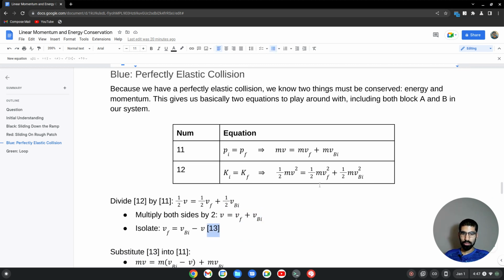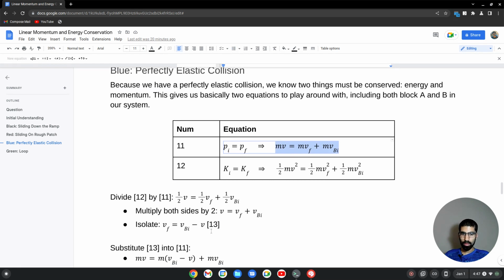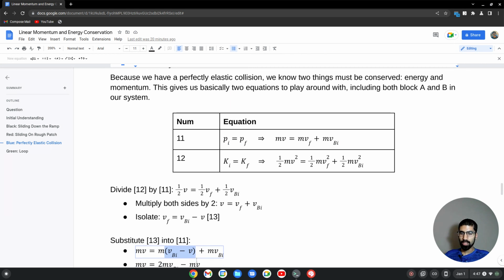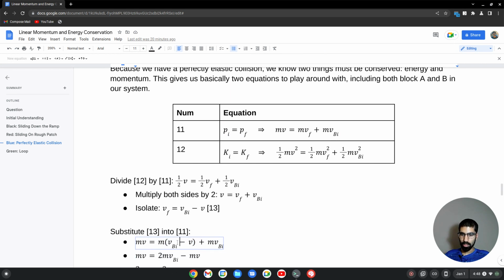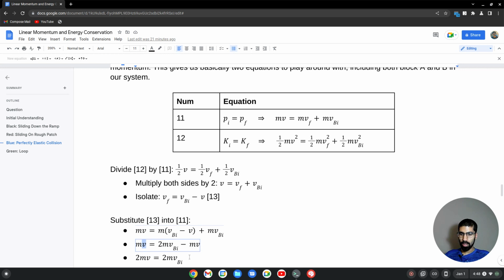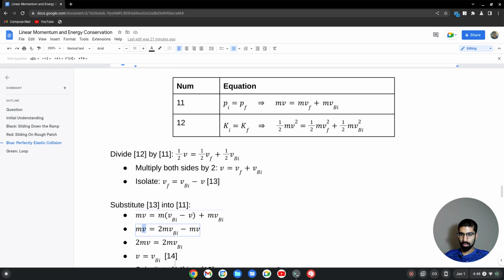And I substituted this back into this equation. Where it said VAF, I instead put in VBI minus V, as you can see here. This lets me isolate and collect like terms. The MVBI terms add together, I have 2MVBI, and then M distributes to V. Add these on both sides, and divide by 2M on both sides.